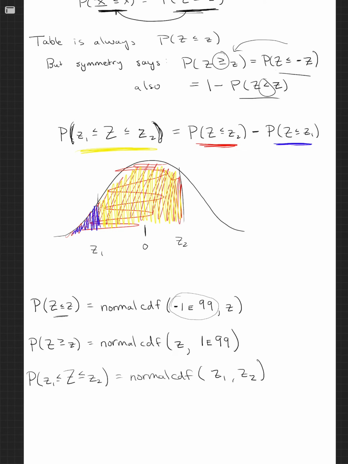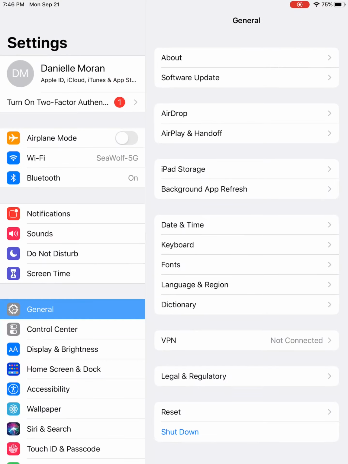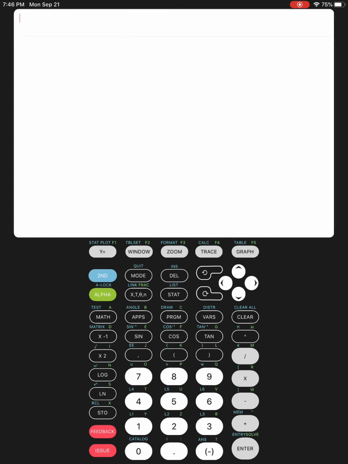So this is going to be normal CDF Z1, Z2. Because Z1 is as small as we want to go, and Z2 is as big as we want to go. To get that infinity in there, we would do 1, then we want this double E that shows up above the comma button.